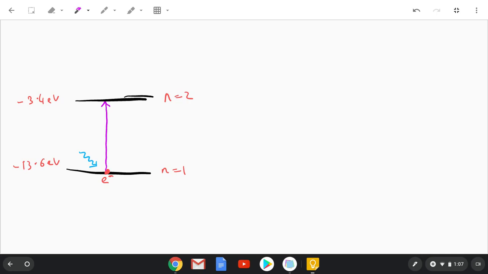So if the electron is going to move from n equals 1 to n equals 2, we call this process excitation, when the electron moves from a low energy orbit to a high energy orbit. And the opposite, when it moves down, is called de-excitation. So how much energy?